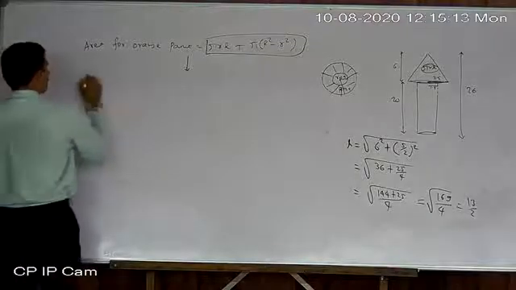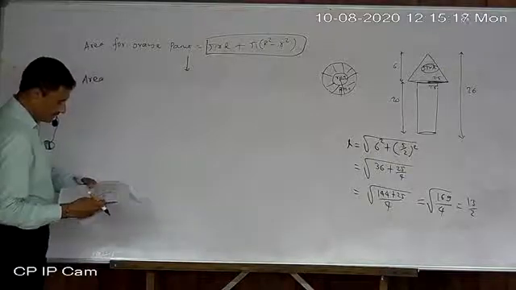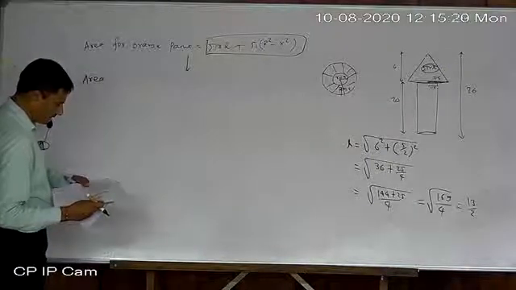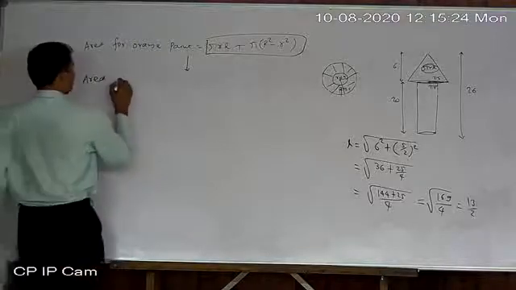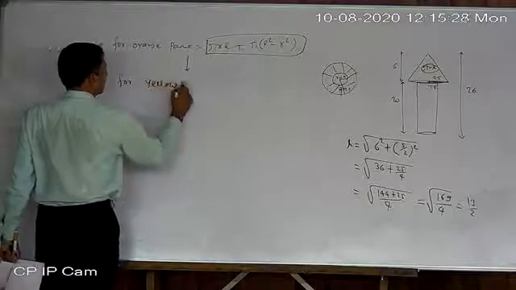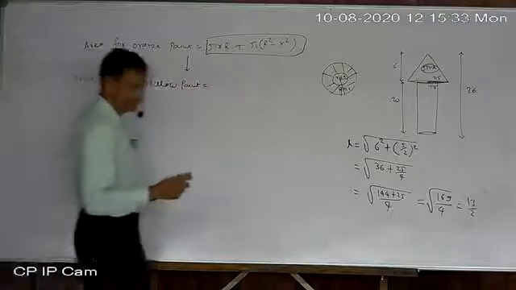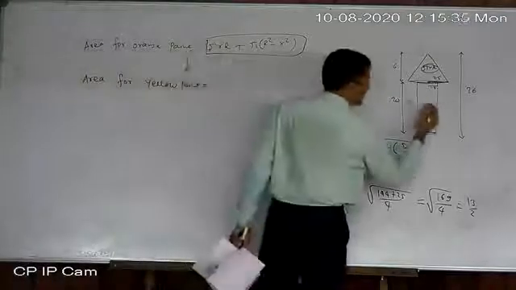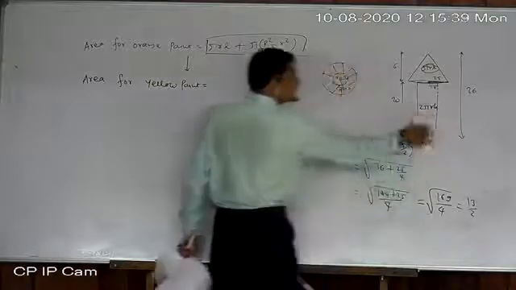Now the area of the cylinder. The cylinder is painted by a different color, yellow. So area for yellow color will be what? CSA again, 2 pi r s plus pi r square. Why?